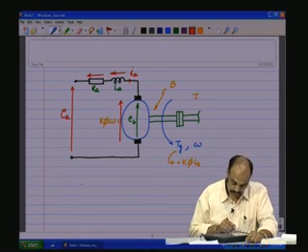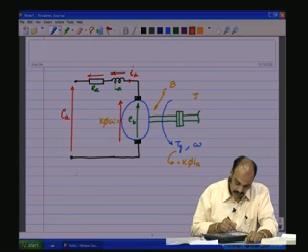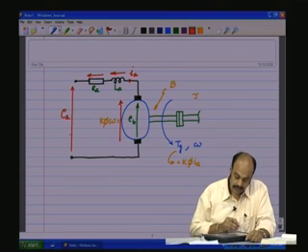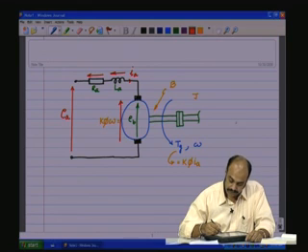So, therefore, we can apply the Kirchhoff's voltage law in this electrical area.